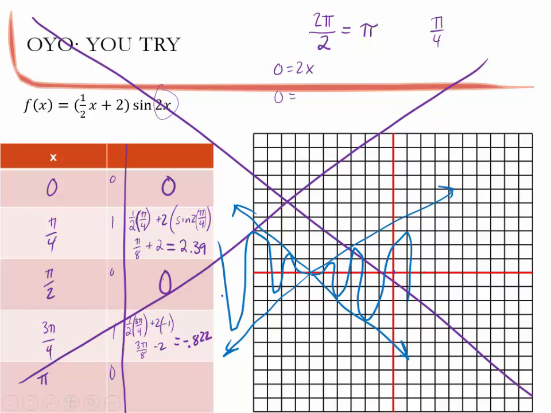Okay? Alright. Kind of weird. And look at what we did here. We found decimals. Because you have to find decimals when you take a half. You have to subtract 2. You can't graph 3 pi over 8 minus 2. You can't do it.